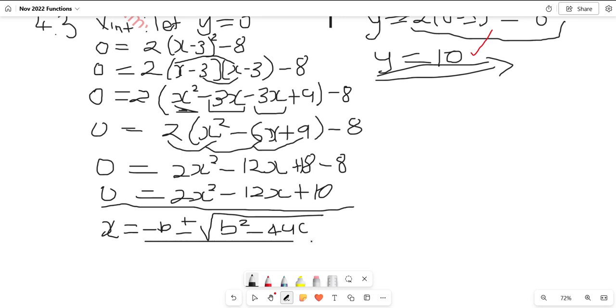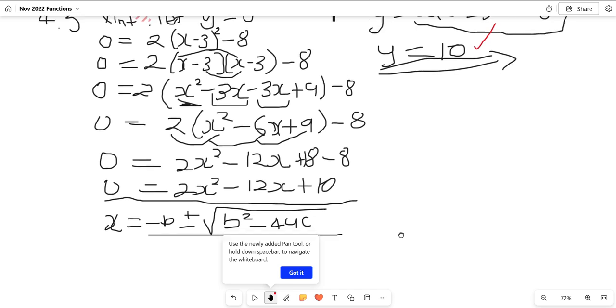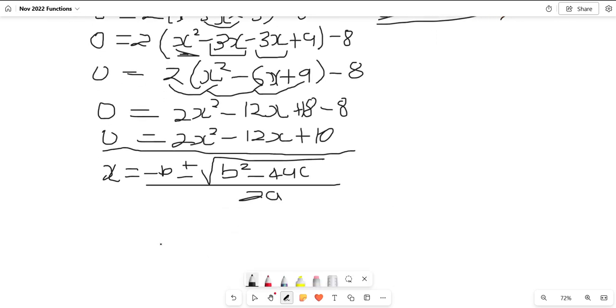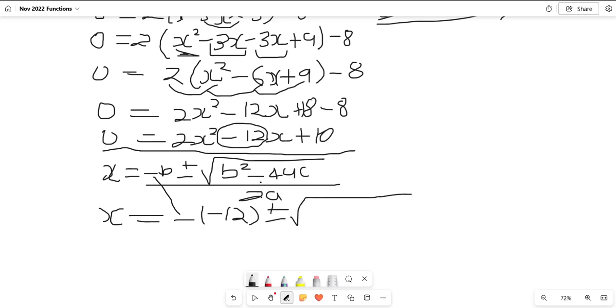Then everything divided by 2a. Then x is equal to negative, that came with the formula, the same negative. Then the value of b that we have here is negative. Since it's a negative, we open a bracket, negative 12, plus and minus the square root. It says b squared. Here is the same value of b.